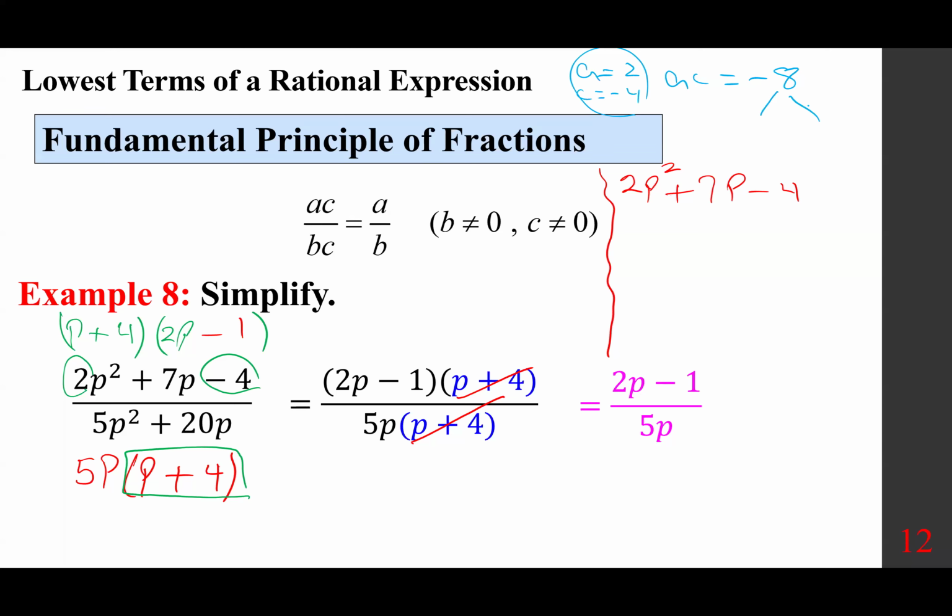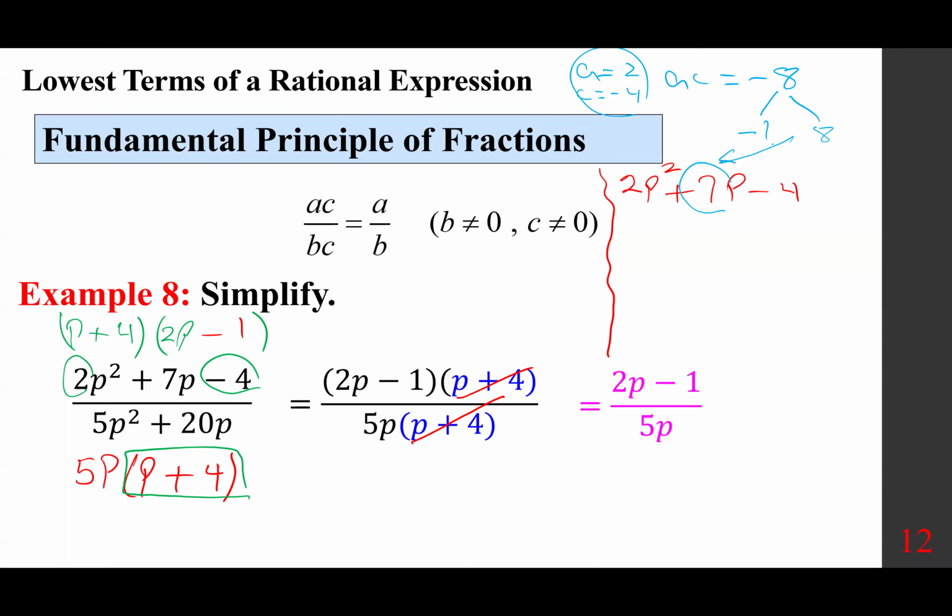Now you want to cut this into 2 pieces, when I say 2 pieces, 2 factors, such that they add up to 7, okay? So, for example, 1 and 8, one of them must be negative. So if I put this one negative, then minus 1 and 8, they add up to 7.